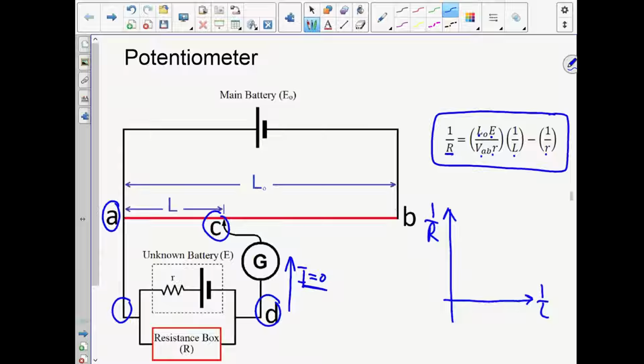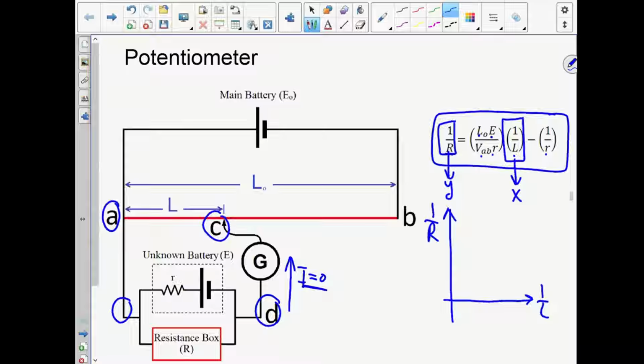And lowercase r is repeated again, which is again the internal resistance of the battery. Now notice that L naught, E, VAB, and lowercase r are all constants in this experiment. So 1 over R is on the y-axis, so all of this is going to be your variable on the y-axis. 1 over L is on the x-axis, so this is the x.